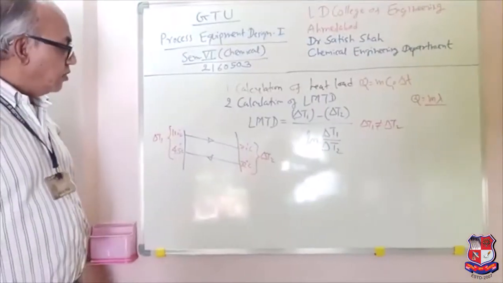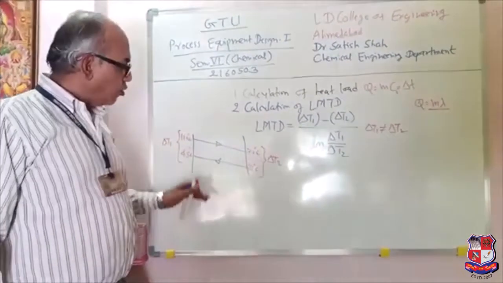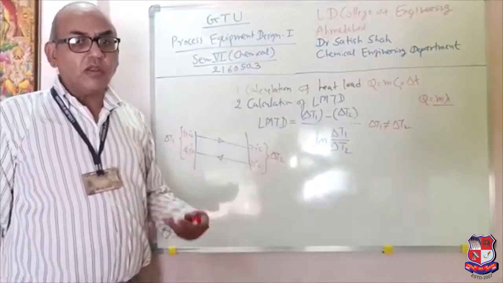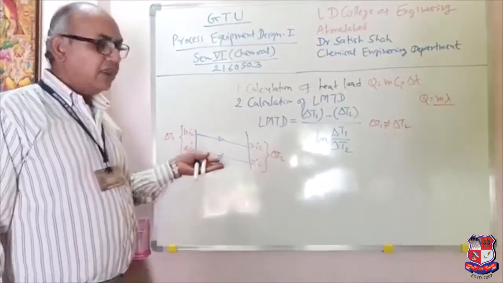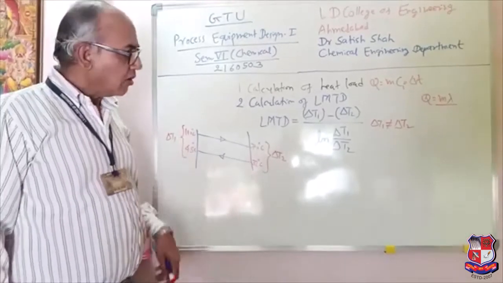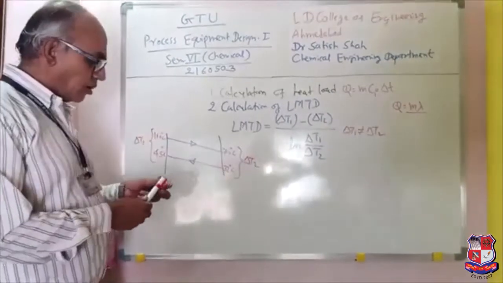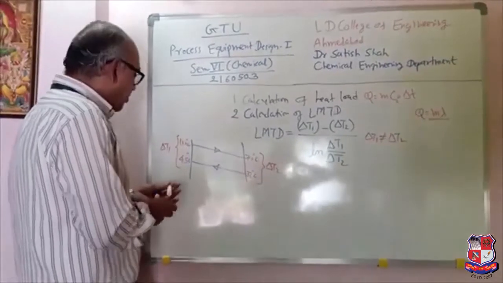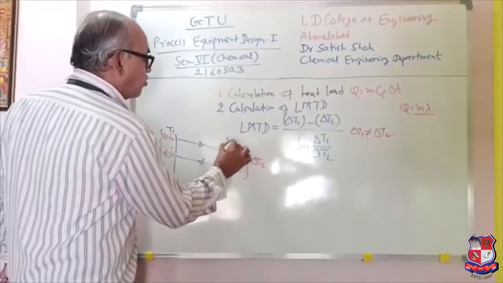But now see, as I told you, this is applicable to only counter current flow. But suppose our flow is not counter current. Because when I am taking more than 1 pass, and in most cases it will happen, it will not be the counter current flow. So in that case, I have to apply the correction factor. So how to apply the correction factor? For applying the correction factor, I can write down this hot temperature in symbols as capital T1, T2.